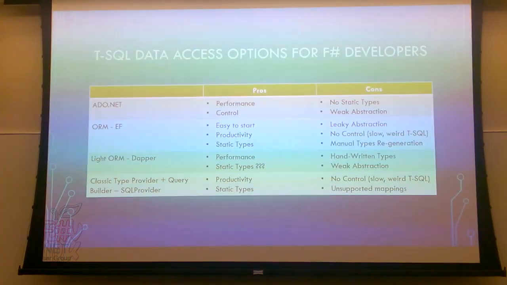Another option is to use a classical type provider for FSharp, like SQLProvider. I believe we had here a couple of months ago Ross Mac, who is the primary developer of this SQL provider.